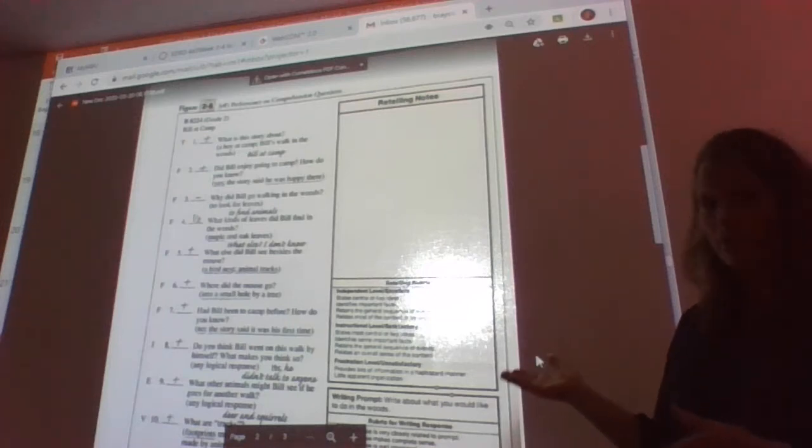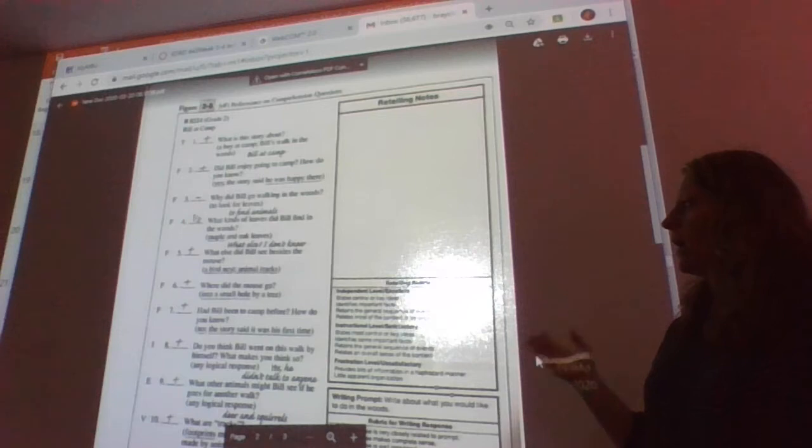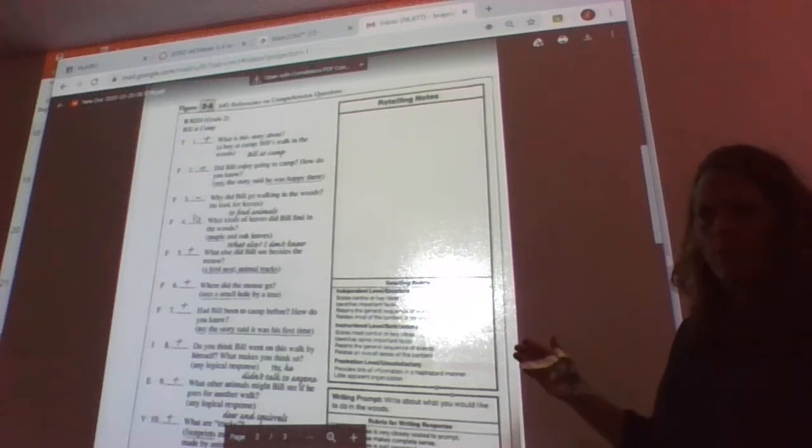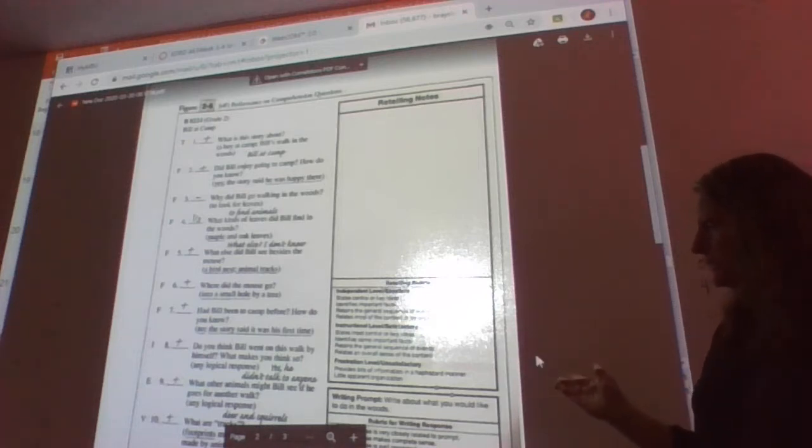You can see the examiner underlined or circled what the reader said. What else did Bill see besides the mouse? The reader said a bird nest and animal tracks. So they underline it. If they've already answered those questions in the retelling, you can just go through and put a plus and skip that question.